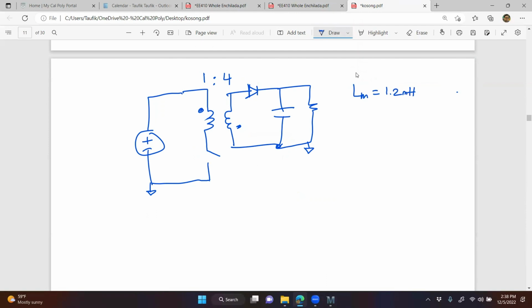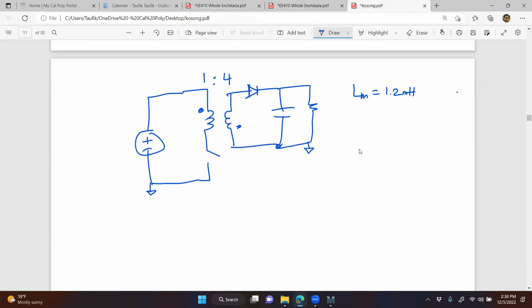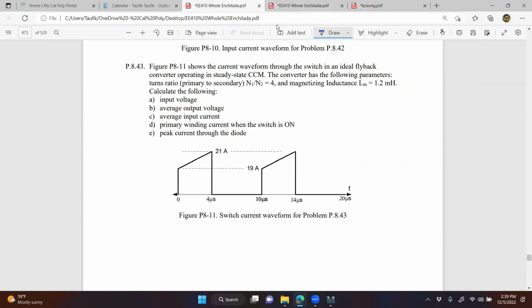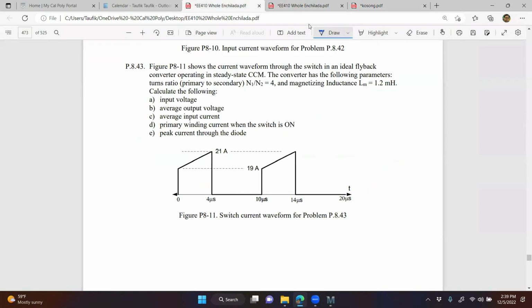And what else do we know? We know the switch current. Okay, so the switch current. And the value of it is... we know the duty cycle from the graph.